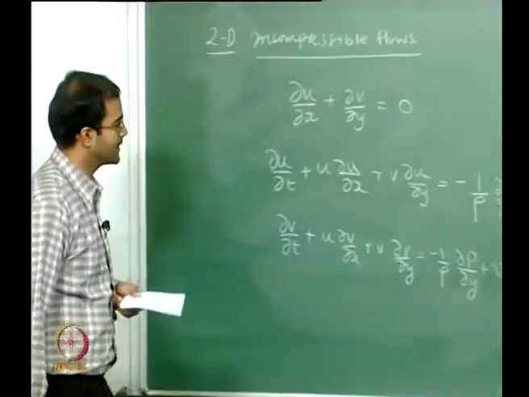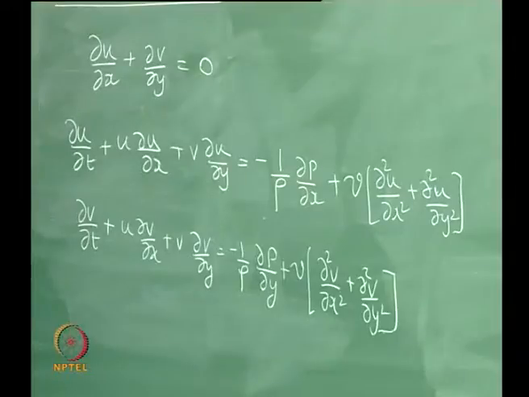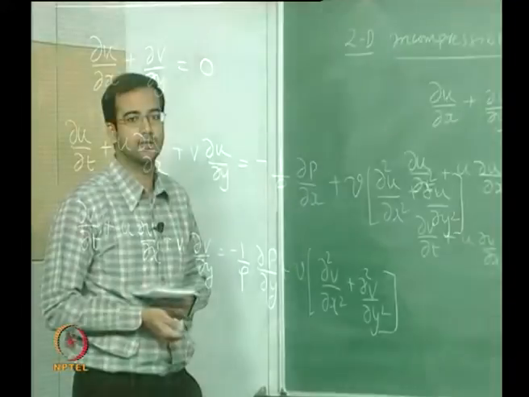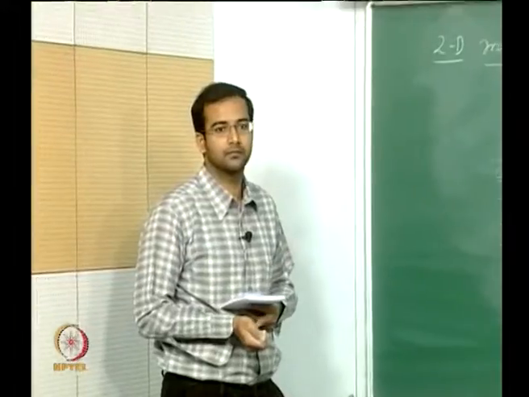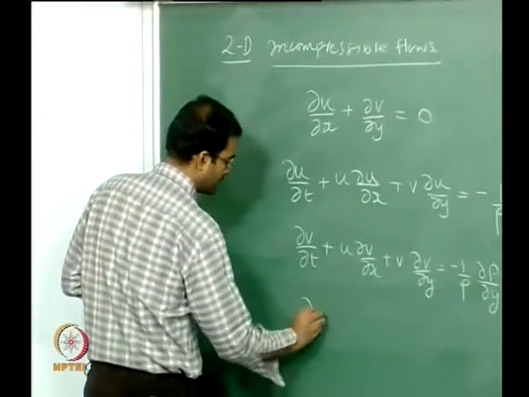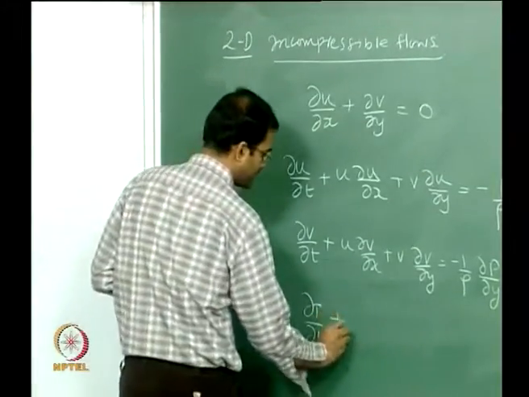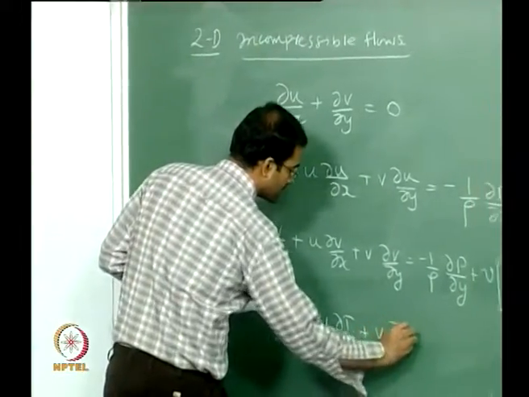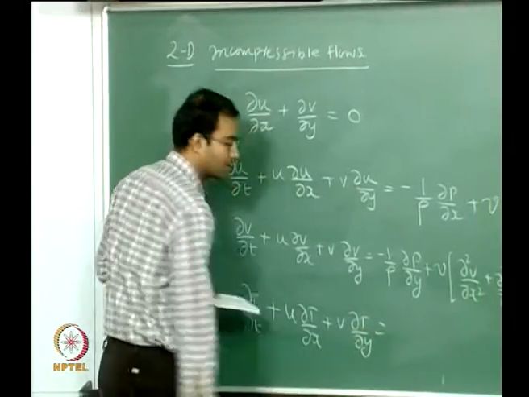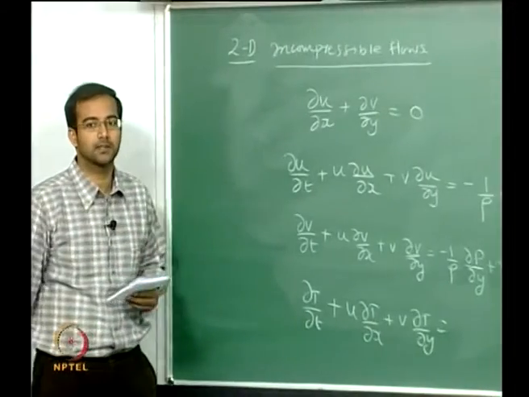So we will also write your energy equation. After we derive the stream function vorticity formulation, we will quickly go back to the energy equation and simplify that. So what is your 2D incompressible energy equation? We can directly write for temperature. The temperature time derivative plus the convective terms is equal to alpha times the Laplacian of temperature, because alpha is k by rho Cp, which is nothing but the thermal diffusivity.